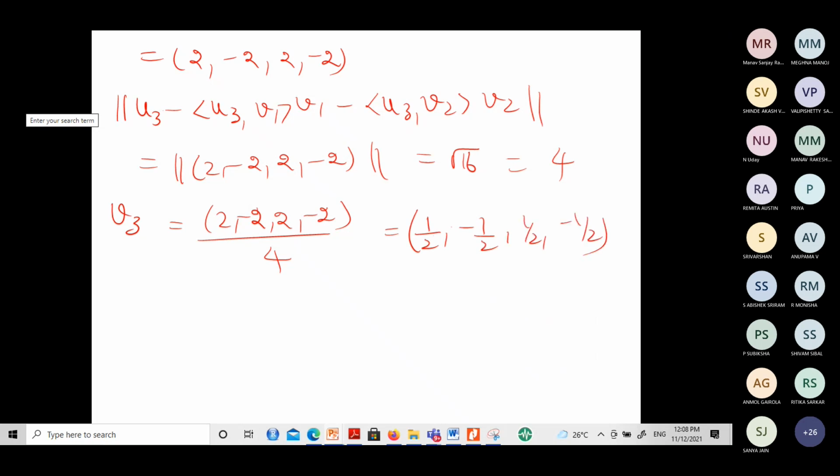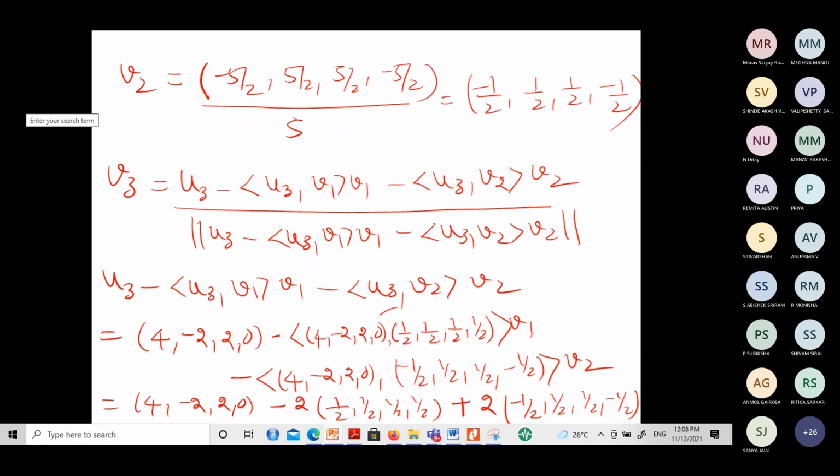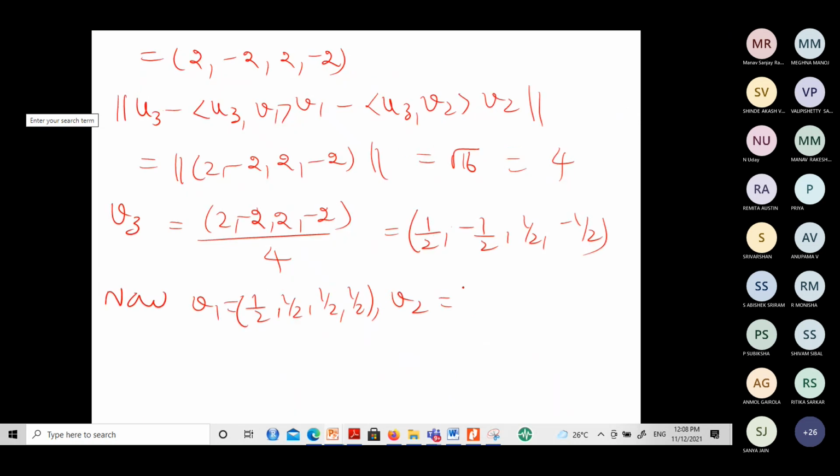Okay, so now V1 is equal to 1 by 2, 1 by 2, 1 by 2, 1 by 2. V2 is minus 1 by 2, 1 by 2, 1 by 2, minus 1 by 2. And V3 is equal to 1 by 2, minus 1 by 2, 1 by 2, minus 1 by 2.